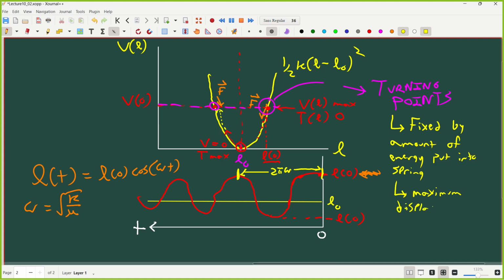The spring can't displace any further than this. I want to emphasize that the maximum extent of our oscillator entirely depends on how hard we stretch it initially, and it can't go any further than that displacement, either negative or positive. These turning points are fixed.